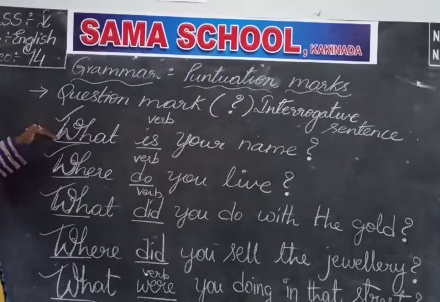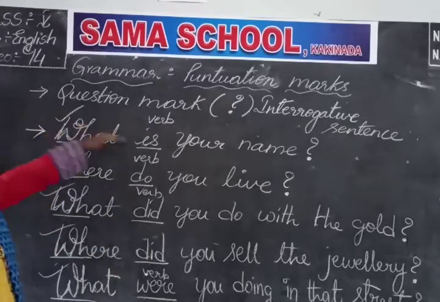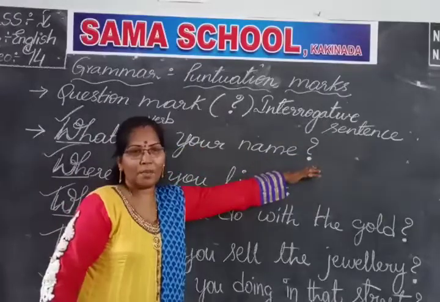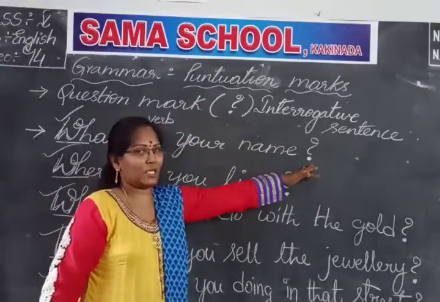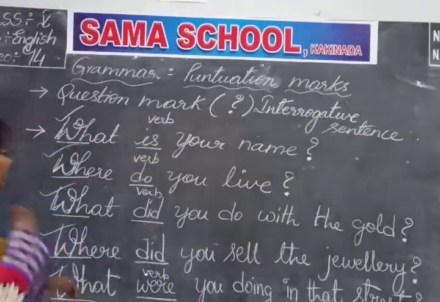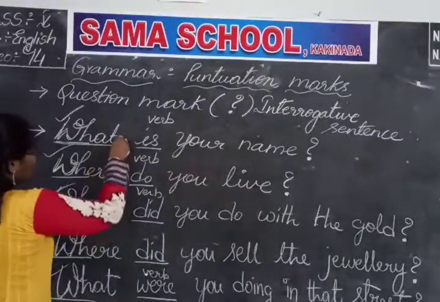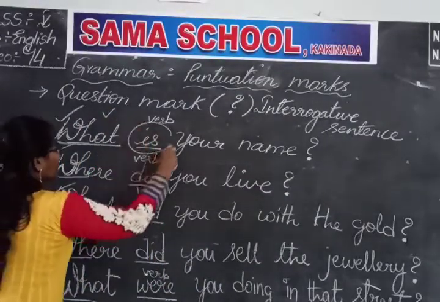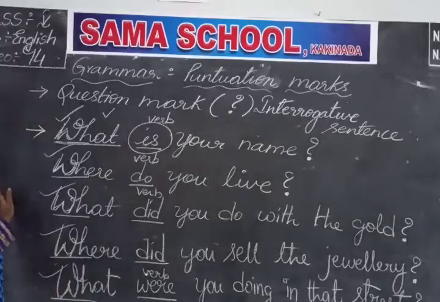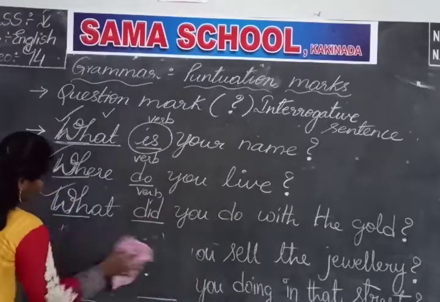And here I used a WH word. That's where we should place a question mark because it's a question. Clear? And after the WH word, you should observe whether there is a verb or not. If there is a verb, only then is it a question. Okay?